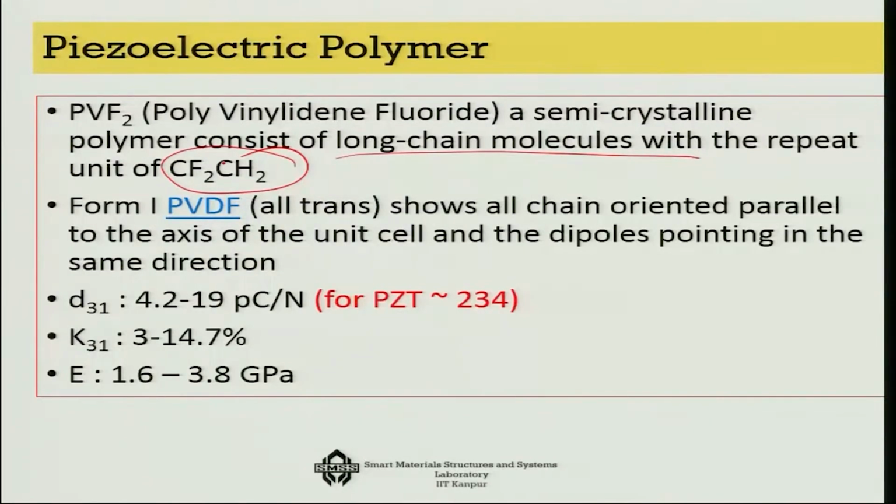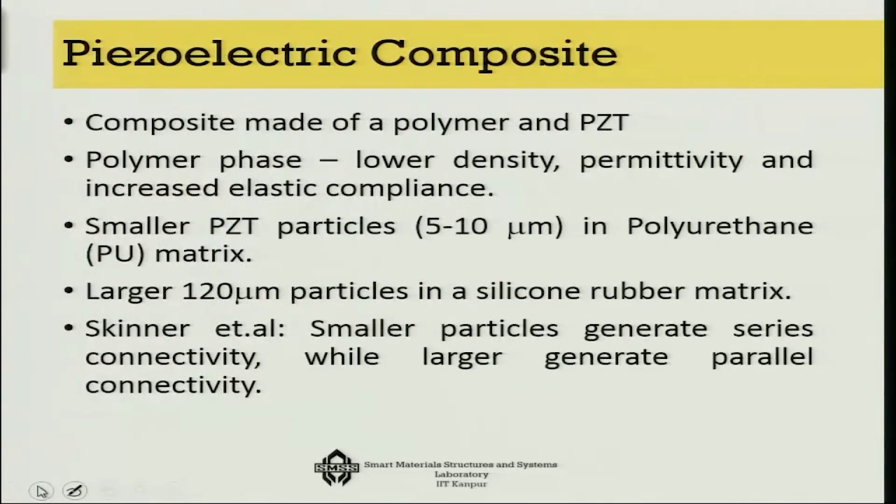Form 1 PVDF shows all trans, then cis trans etc. The D31 that you can get is not very high, at most about 19 picocoulomb per Newton. K31 is at most 14.7%, but the modulus of elasticity is 1.6 to 3.8, which means it is pretty flexible. And with that flexibility, you can make good use of such a system as sensors.